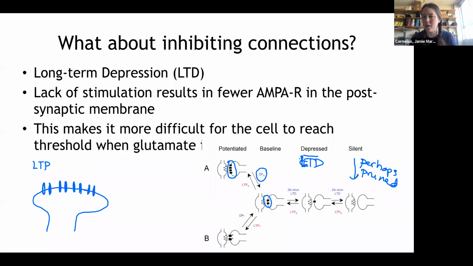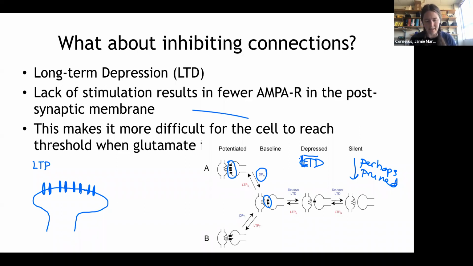The axons are going to retract, and those synapses won't even exist unless they get used somehow. Okay, so when a synapse is depressed, it makes it more difficult for a cell to reach threshold, even when there is glutamate present. And so this is one way to enhance or inhibit connections between cells.